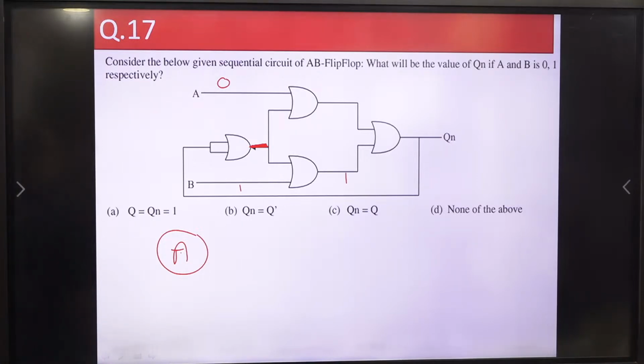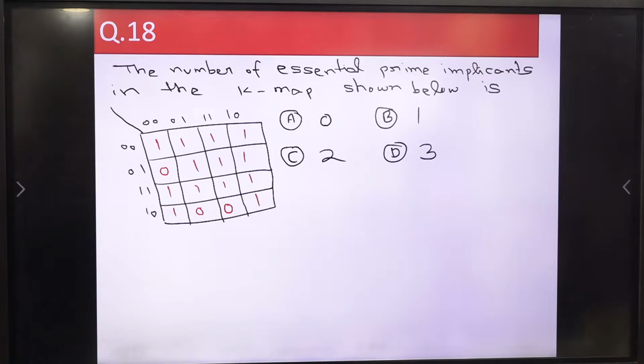Now come to the next concept, next question. So this is our next question: the number of essential prime implicants in the K-map. But before this, let us solve some more questions.